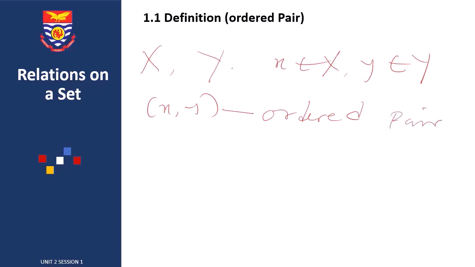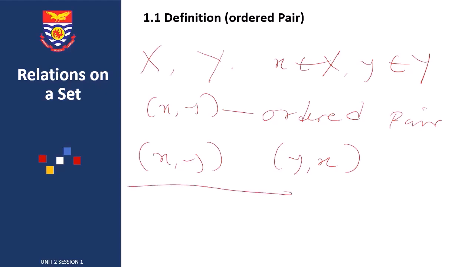Given these two sets, in an ordered pair, the order in which the two elements are written is very important. That is, (x, y) is not always the same as (y, x). They can be different, so the order of writing is very important. Two ordered pairs are said to be equal if their corresponding components are equal.